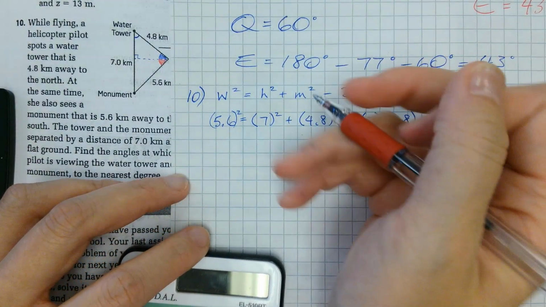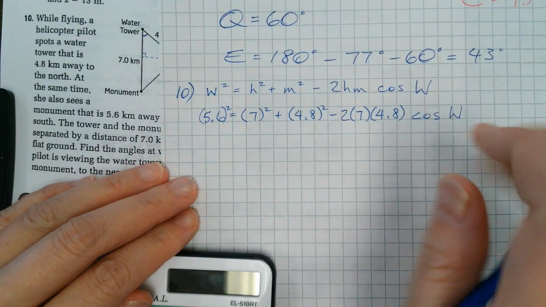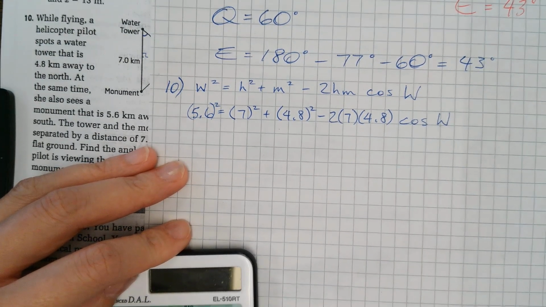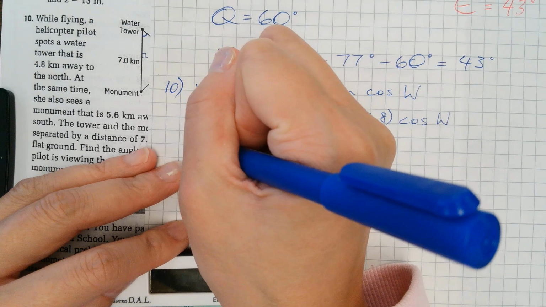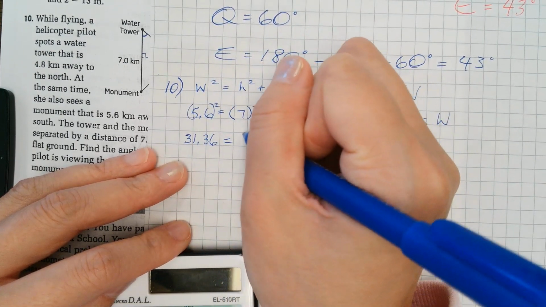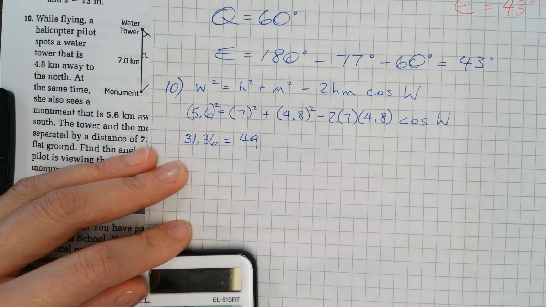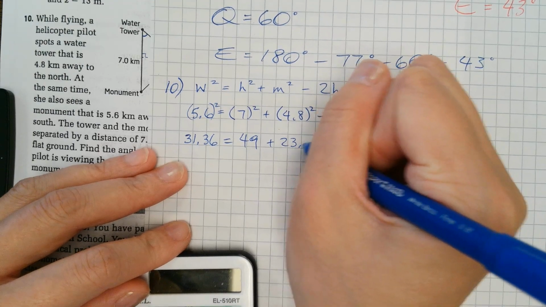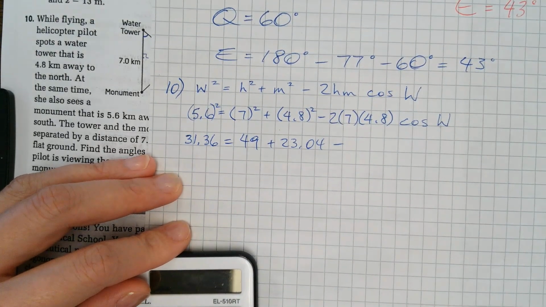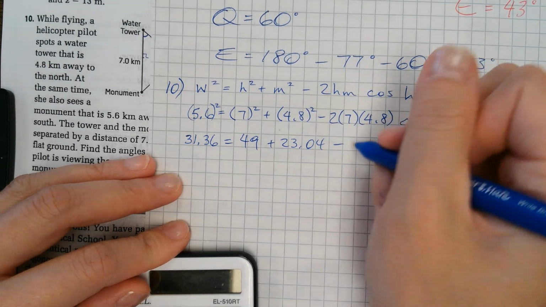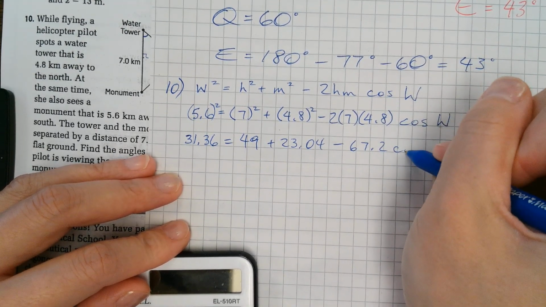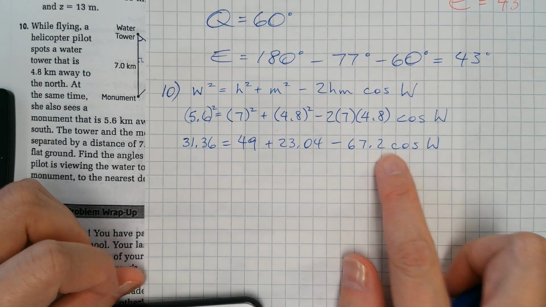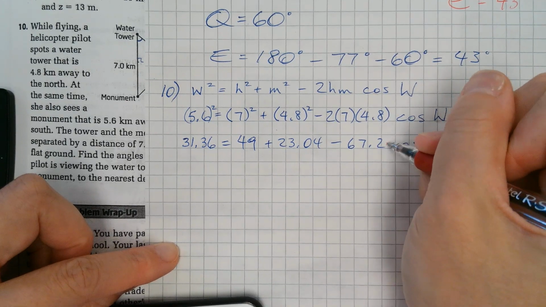Remember this math. I'll write out all the steps. You don't have to; I think by now you should be comfortable enough to do all the steps, but I'll write it out for the sake of the review. 4.8 times 4.8 is 23.04, minus 2 times 7 times 4.8, which is 67.2 cosine W. You're trying to isolate the W, but this right here is multiplication.